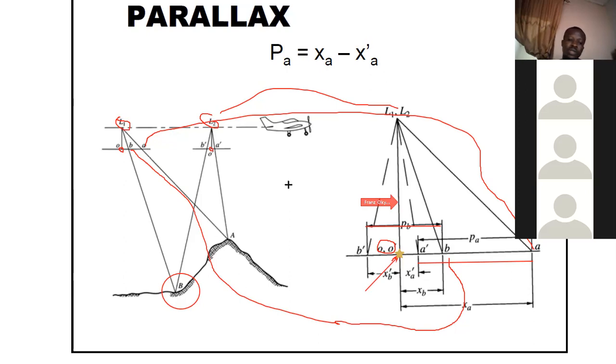So the parallax of point A is higher than the parallax of point B. Parallax of point A, because it's higher, it looks higher.